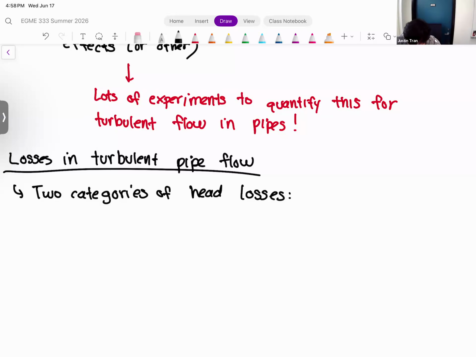So the first category are what are called major losses. So major losses are energy losses in the flow within straight sections of pipe.